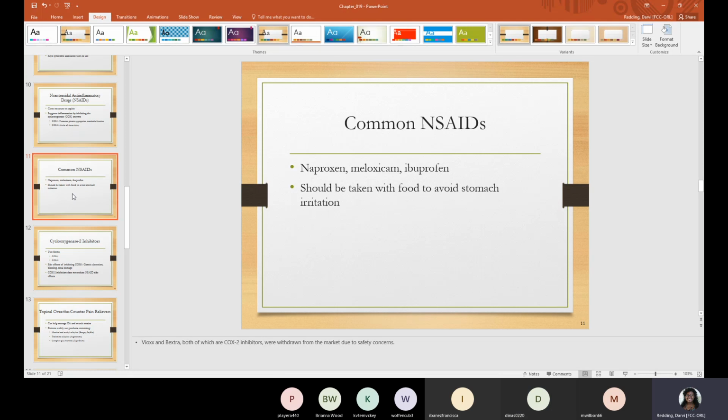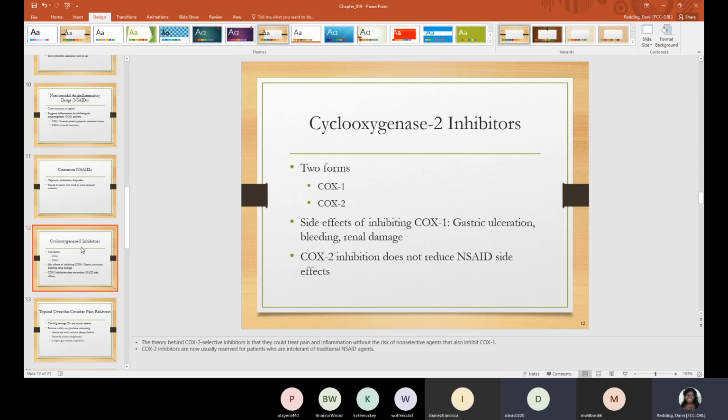So now that I've given you some information about the common NSAIDs, I next want to talk to you about the COX-2 inhibitors. I told you earlier that there are two forms of the COX inhibitors: COX-1 and COX-2. With COX-1, the side effects of that particular medication are that it could cause gastric ulceration.